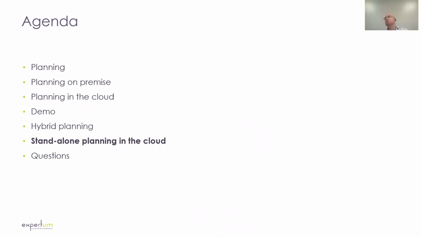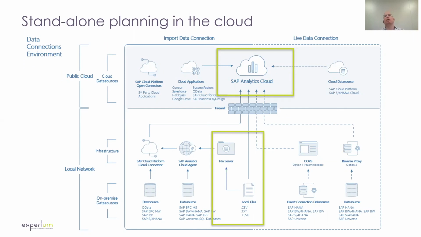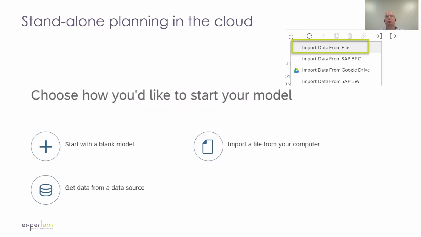Yeah, that's fine. Now, for standalone planning in the cloud, you can do loading of files, either CSV, TXT, XLSX, into your cloud environment. It's basically import data from a file or a Google Drive or whatever, and you can make a model and load it as a model, and then start working with it.